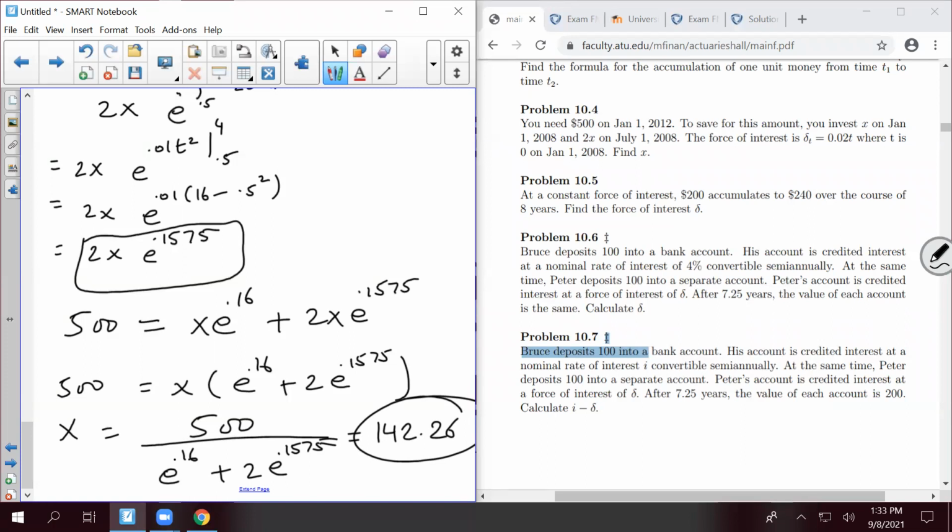Because, okay, let's understand what's going on practically. I need 500 4 years from now. And I want to put X now and 2X 6 months from now. Which means whatever I put now, I want to put the double of that 6 months from now. And I want the whole thing to grow to 500. So what am I doing practically? I'm putting $142. Let's forget about the 26 cents, to keep it simple.